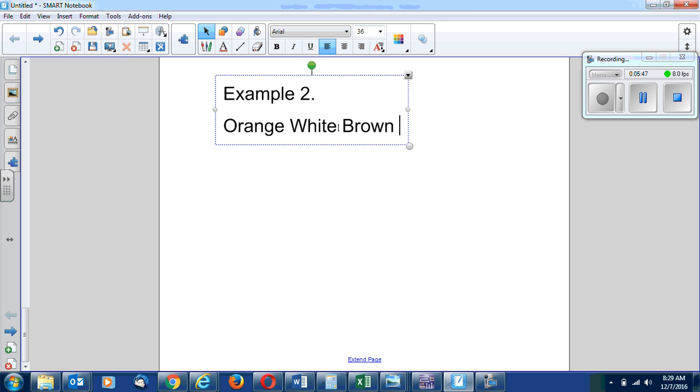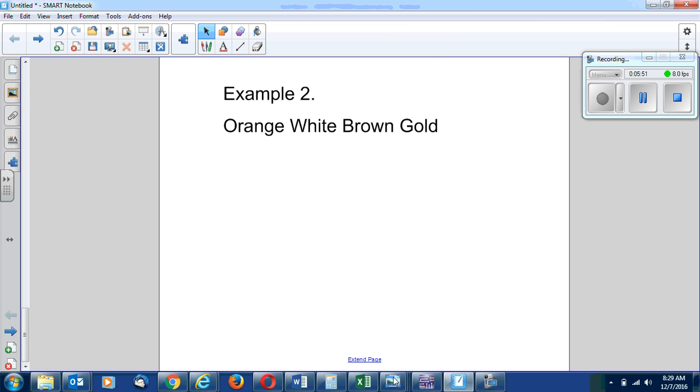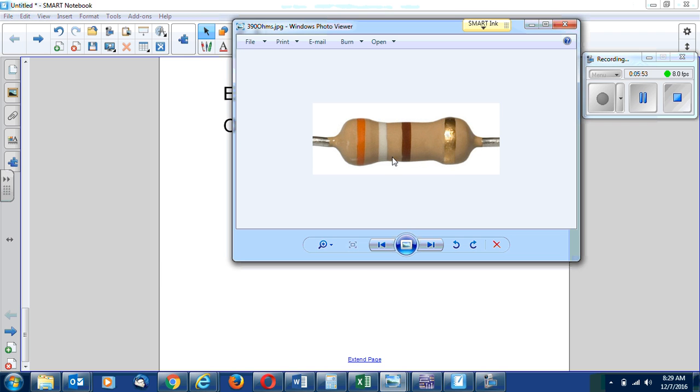Now, how do I know which end is which? Let's say you grab a resistor out of the bin and you don't know which end is which. Guys, the last band should give you a dead giveaway. A gold band can never ever be first. Either gold or silver cannot be a first band.